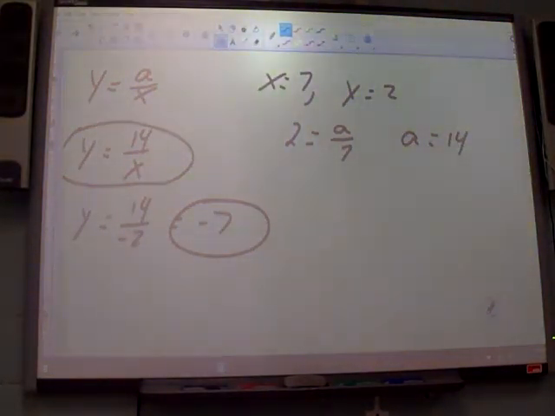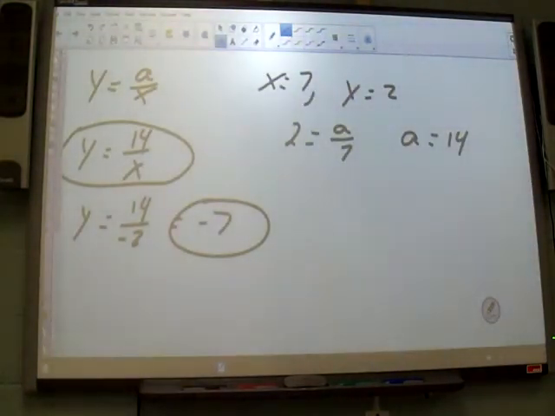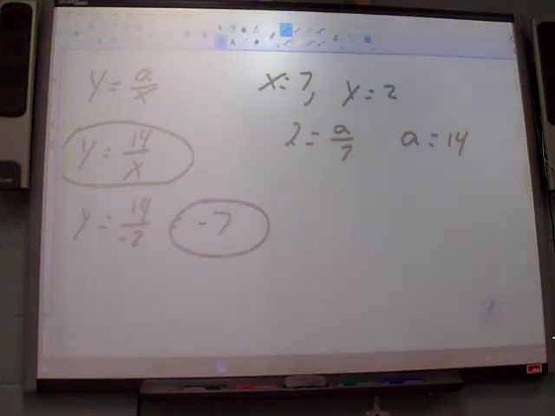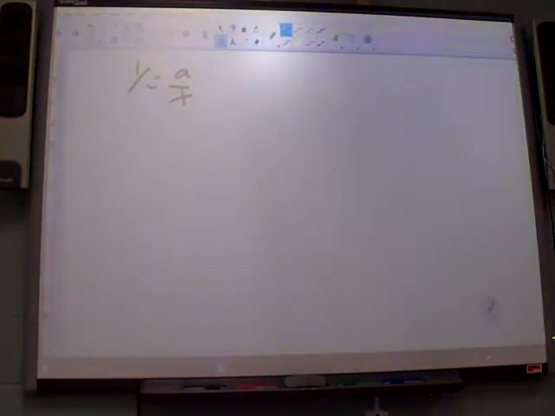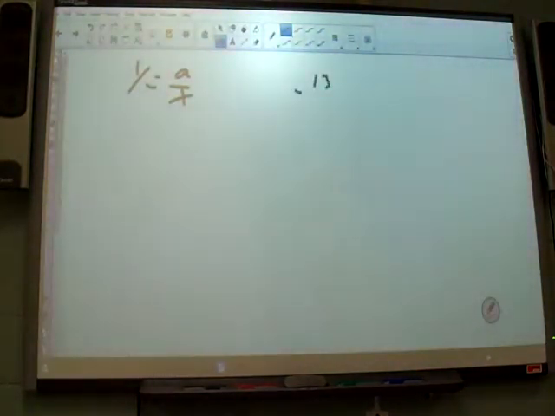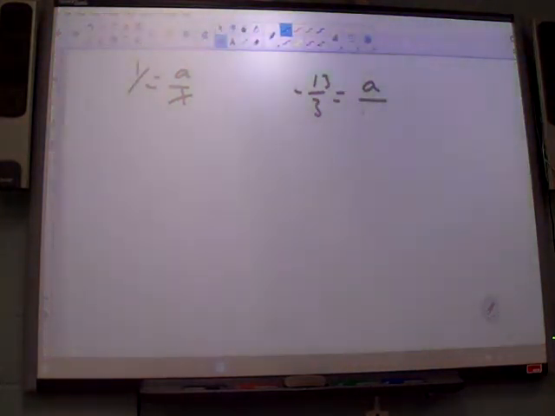So let's get 2. 2 had some fractions or decimals involved. So we're going to start again with y equals something divided by x. It tells us that our y is negative 13 thirds and our x is 9.